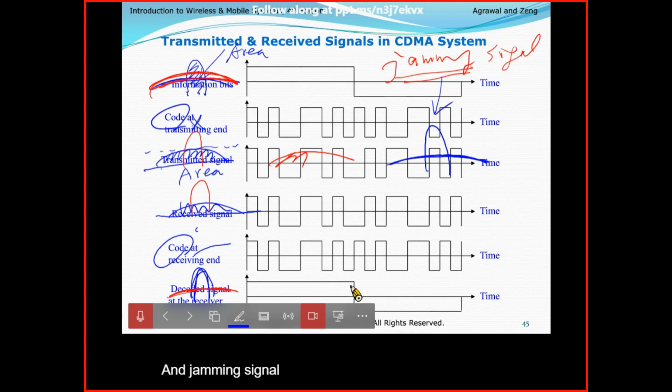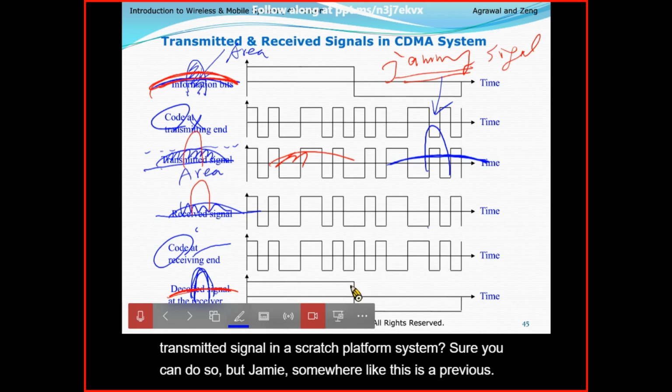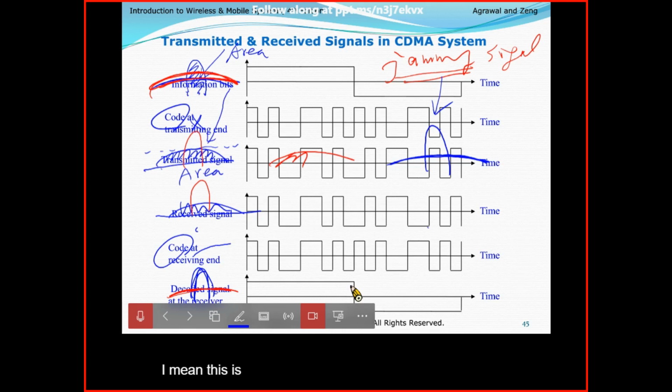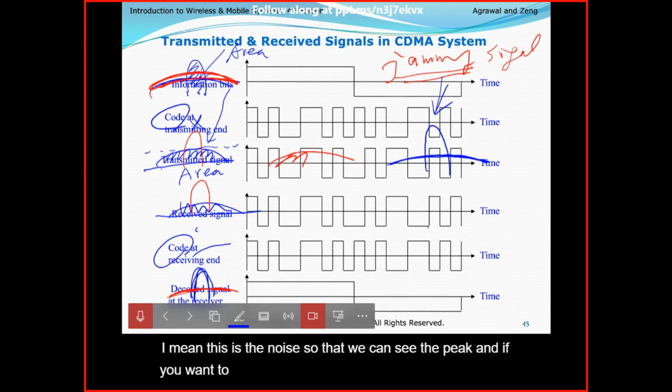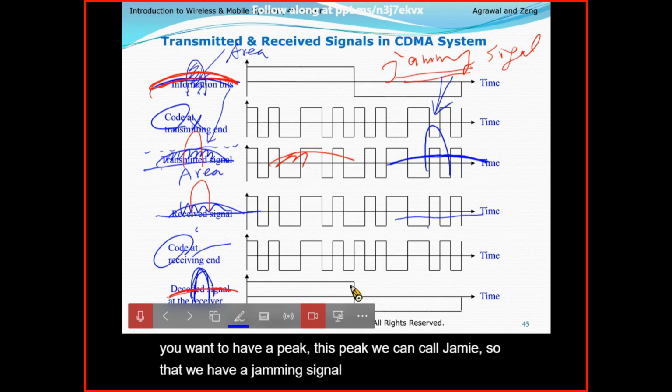So, is it okay to jam the transmitted signal in a spread spectrum system? Sure, you can do so. But jamming something like this is previous. I mean, this is the noise, so that we can see the peak. And if you want to have a peak, this peak we can call jamming, so that we have a jamming signal.